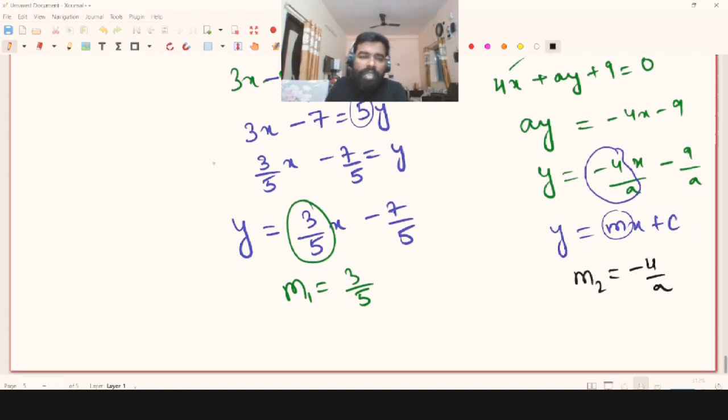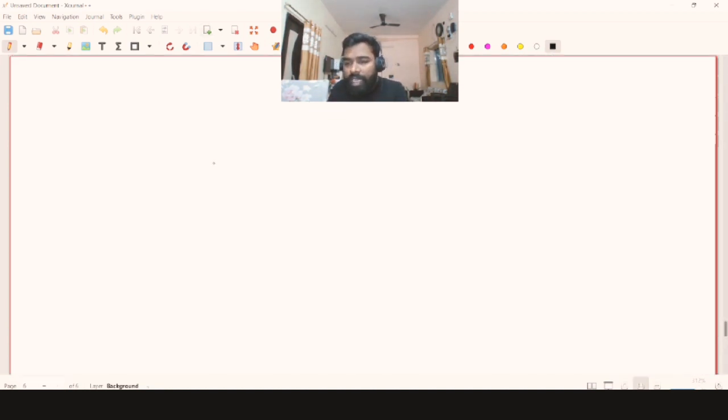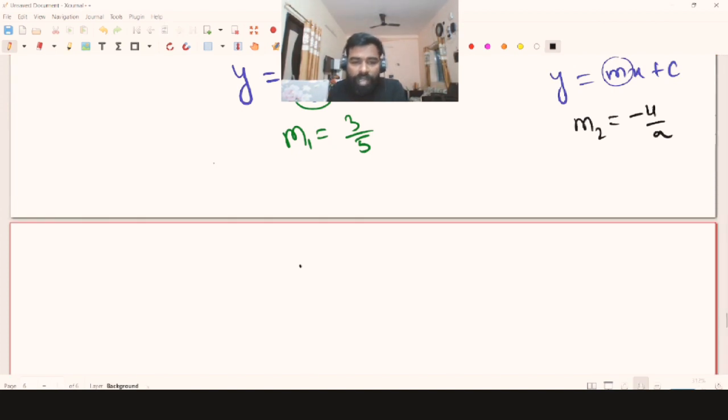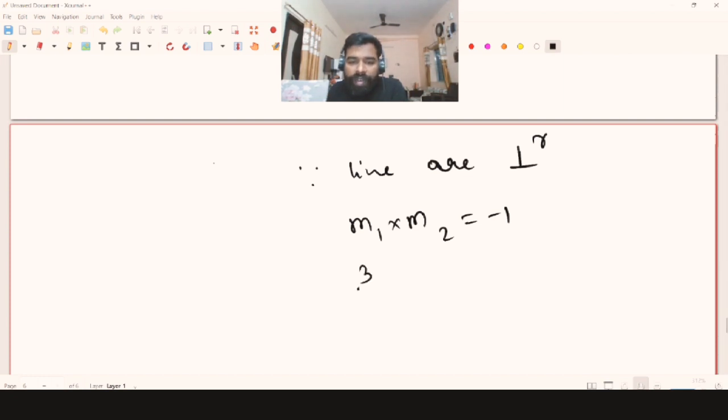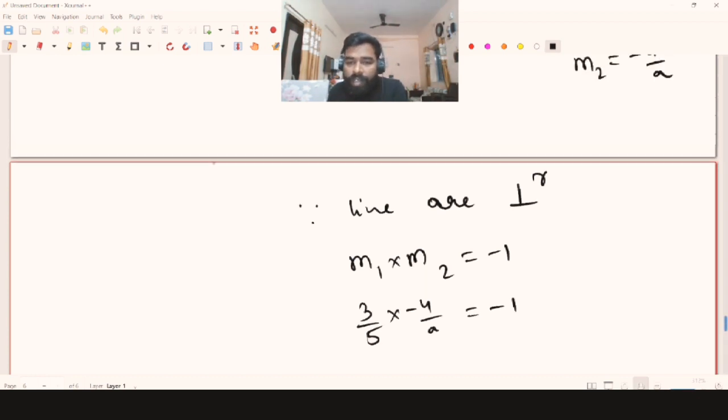As the question says the lines are perpendicular, since the lines are perpendicular, we can take the product as minus 1. So that is 3 by 5 into minus 4 by a, equal to minus 1.